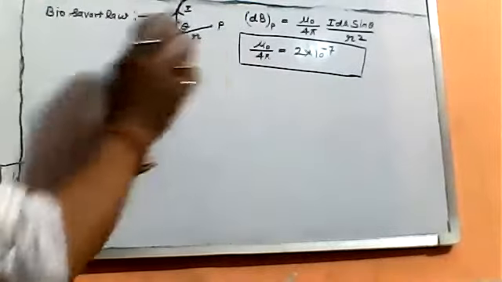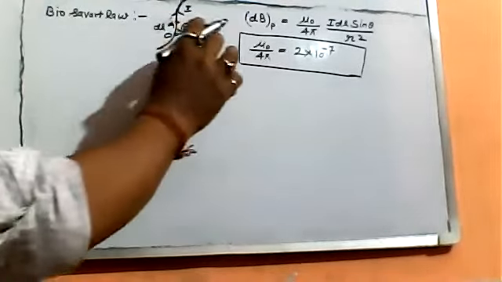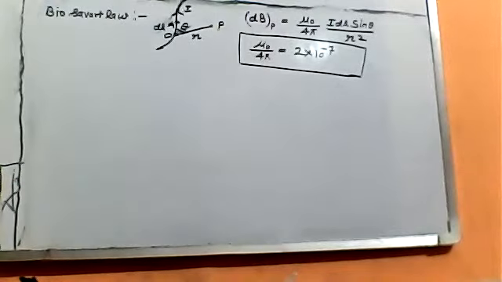Clear? This is the main Biot-Savart law. With the help of Biot-Savart law, you can find the magnetic field intensity for a straight conductor, for a current carrying circular coil at any point on the axis of the circular coil, and at the center of the circular coil. We will discuss all these formulas.